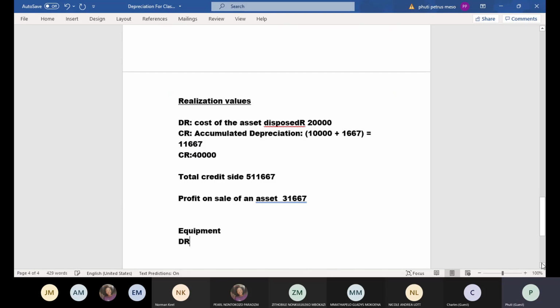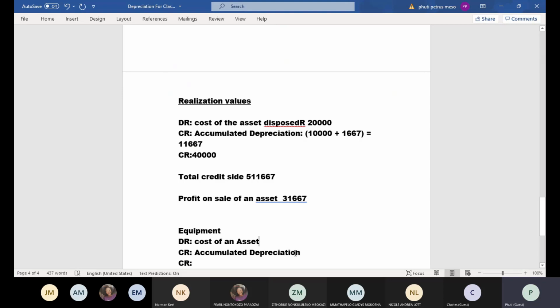Without even knowing the figures, you just say debit the cost of an asset, and you're going to credit the depreciation, being the accumulated depreciation for the disposed asset as well as the depreciation in the current year, and then you're going to credit the amount that you've disposed of for cash. Right, how much was the cost of the disposed equipment?